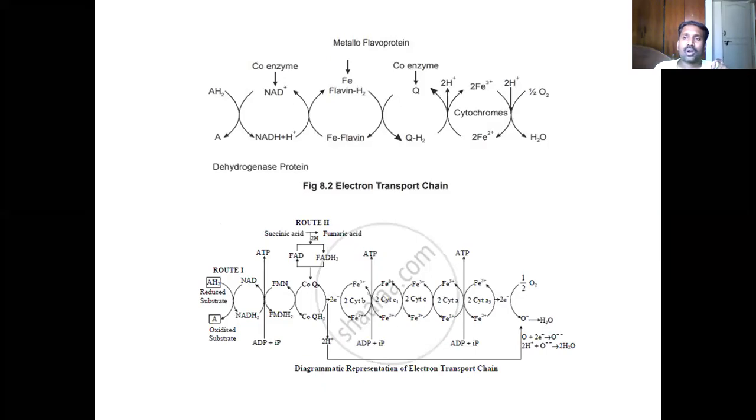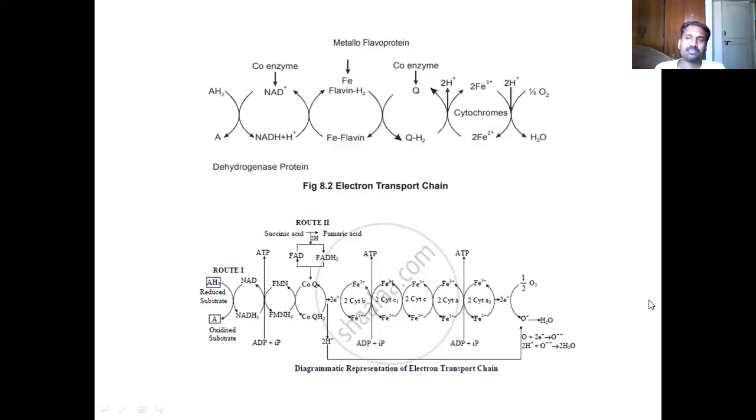Okay. So what is the net reaction of ETC? Since I have just explained these things, you can now tell what is the net reaction of ETC. Someone can tell?